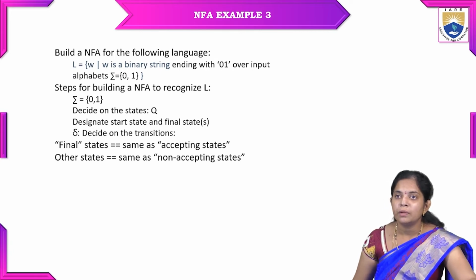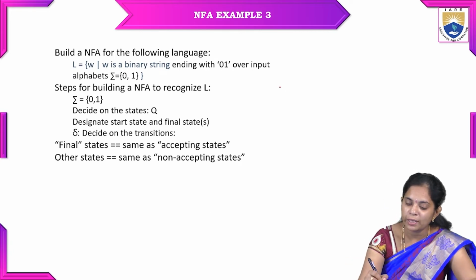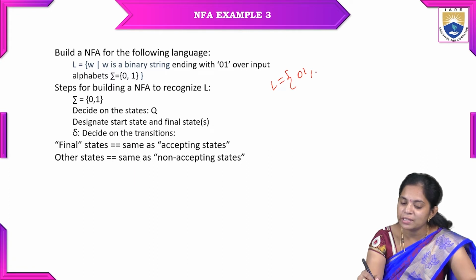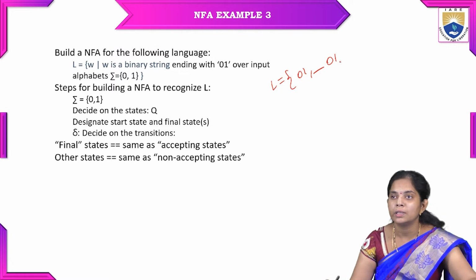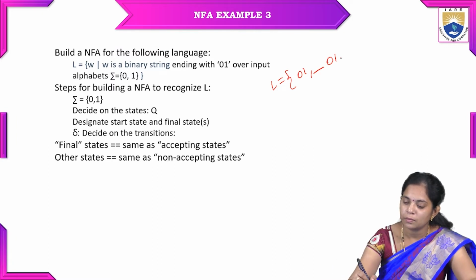The next example is the construction of an NFA for the language ending with 01. Here also we have to elaborate the language: ending with 01. So 01 is the minimum length. Ending with 01 means we can write anything in front of it, either 0 or 1.